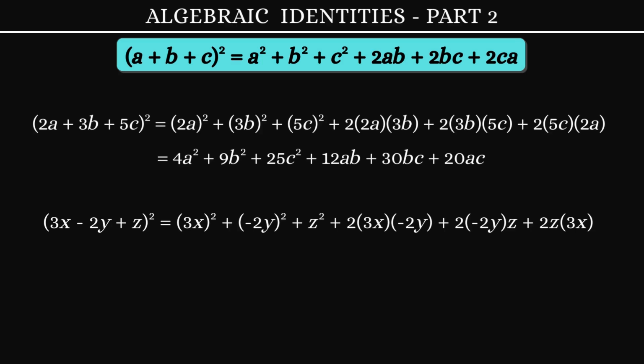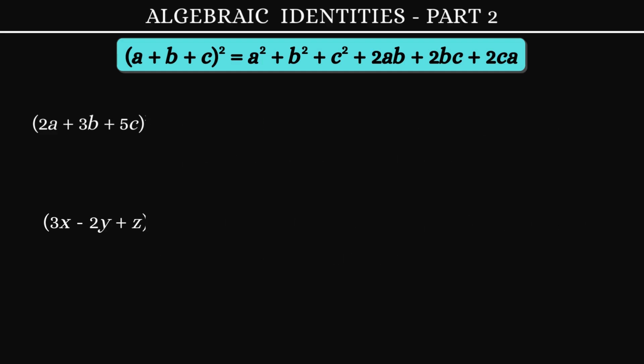That will result in 9x squared plus 4y squared plus z squared minus 12xy minus 4yz plus 6xz.